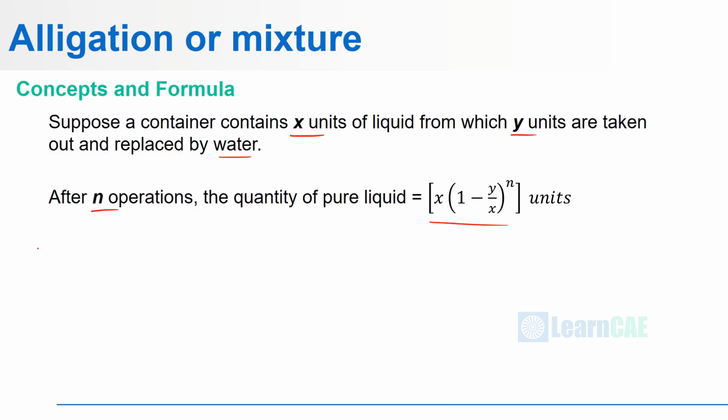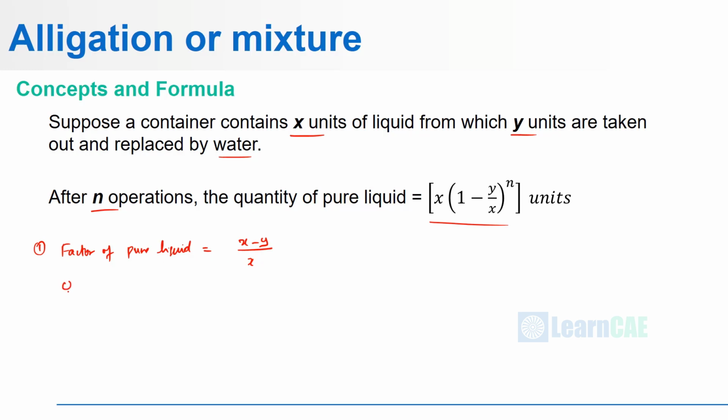In the first step, when Y units are taken out and then replaced by water, the factor of pure liquid is equal to X minus Y. That is, you are taking out Y units from the initial X units. So the factor is given by (X − Y) divided by X. This is the factor or the ratio of the pure liquid present.